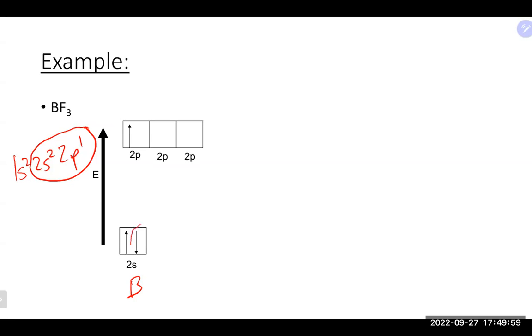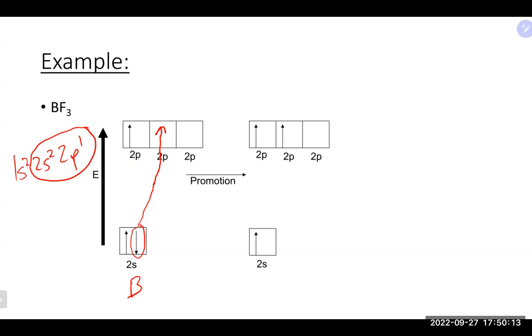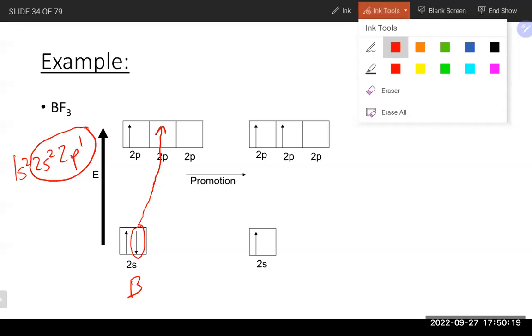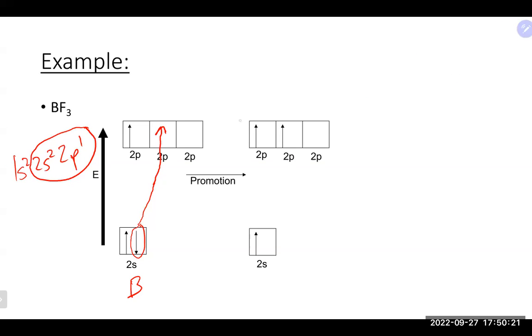So this lower electron is going to go up, and much like electron configuration, it will go into the next orbital over, which would be the py orbital. The result is we will then get 3 unpaired electrons, 1 in an s orbital and 2 in our p orbitals. That is going to make these 3 go through hybridization.